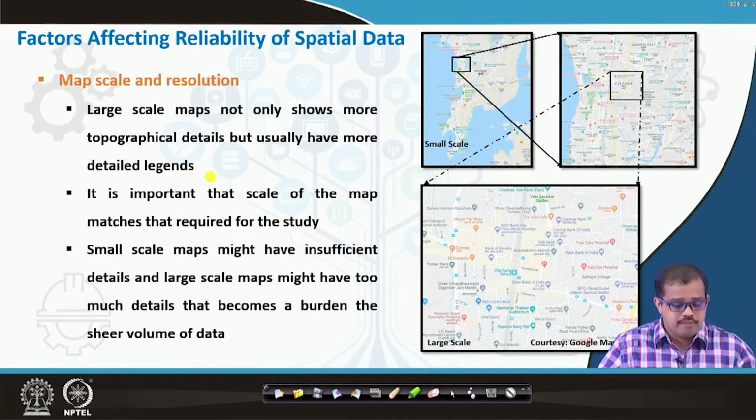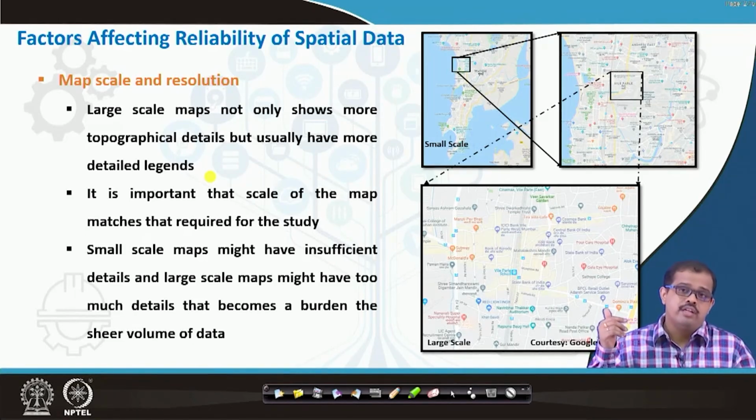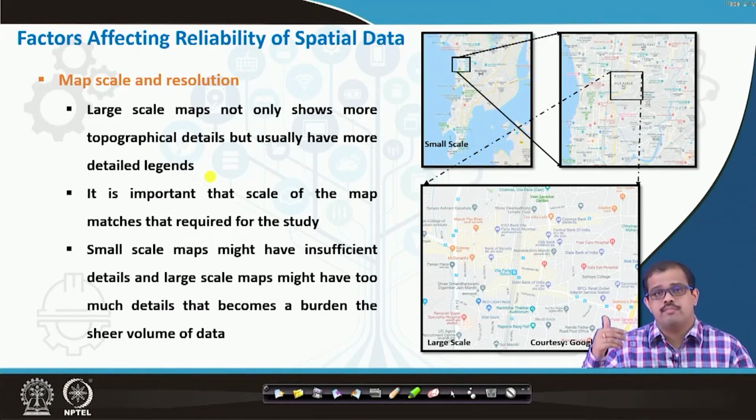So look at the information that is actually necessary. It is important that the scale of a map matches the required area of the study. For example, if you are trying to study the entire subcontinent of India as a study region, and you are trying to use a 1:5,000 or 1:10,000 map, it may be foolishness, because when you are trying to process this entire data set, it may not work out in terms of generating accurate data.